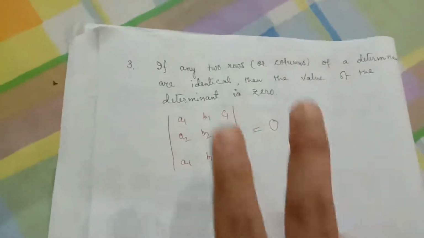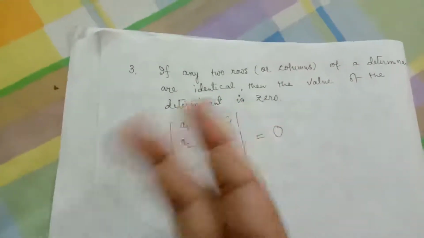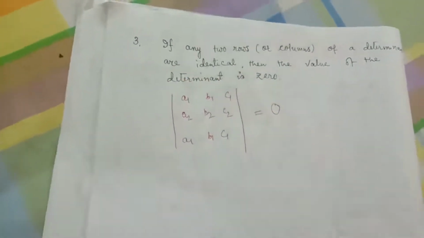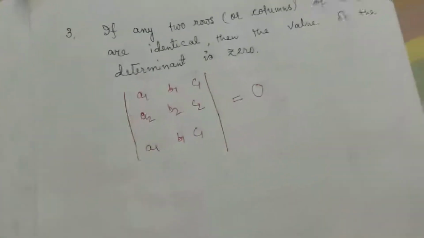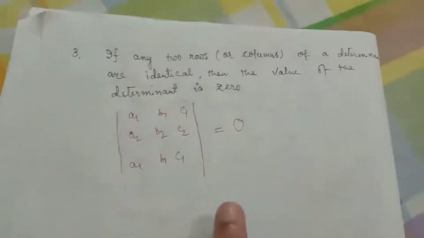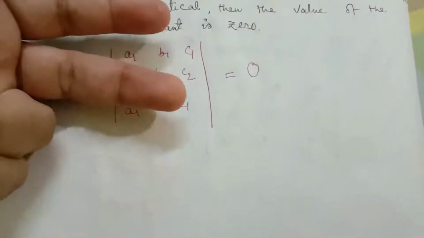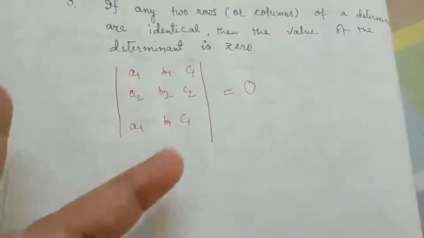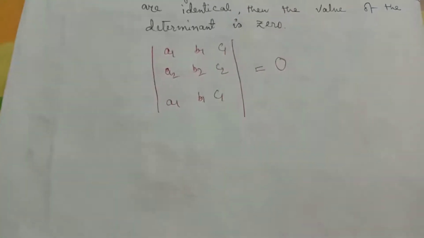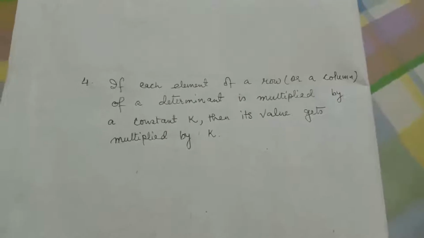Or if any two columns of a determinant are identical, then the value of the determinant is 0. Okay, the proof is very simple. No need to prove the property. Just remember, if any two rows are the same or any two columns are the same, the value of the determinant will be 0.